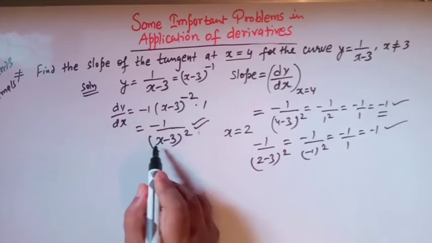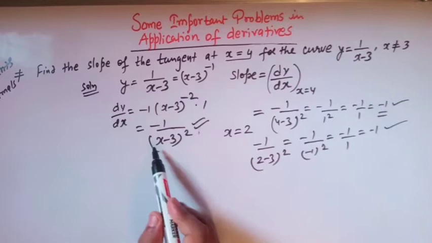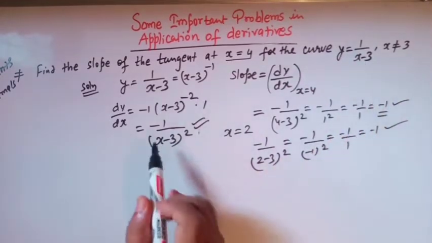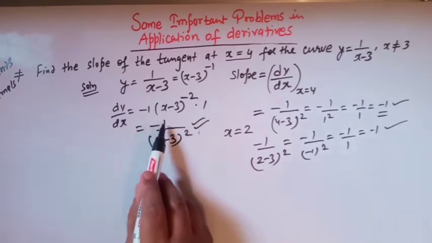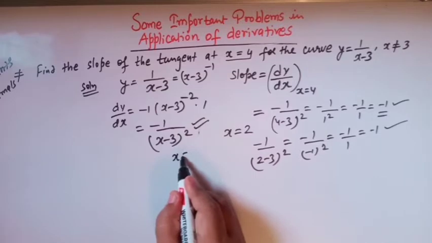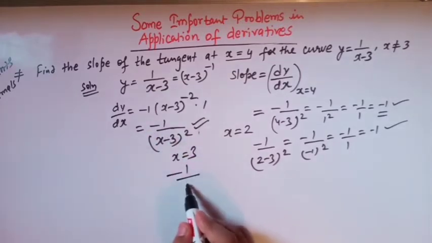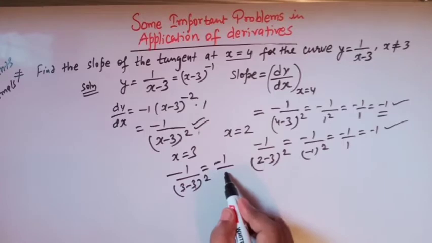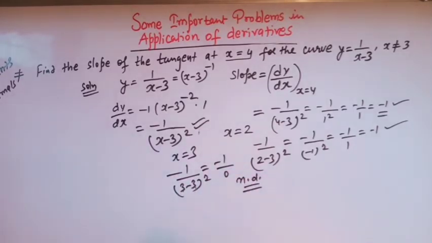And always remember that the curve is not defined at x equal to 3, so the slope is not defined here. If we have x equal to 3, then the slope will become minus 1 divided by 3 minus 3 square. So we have minus 1, and 3 minus 3 is 0, 0 square is 0, so the slope is not defined.